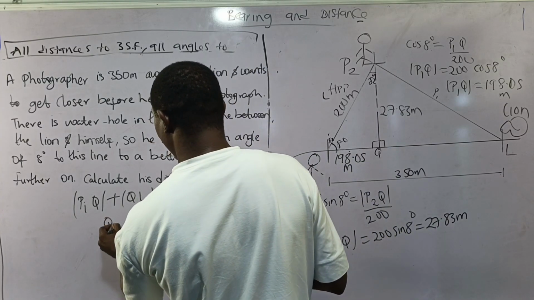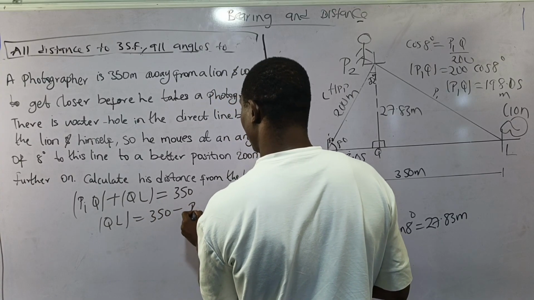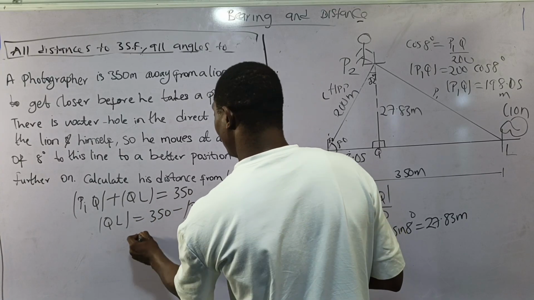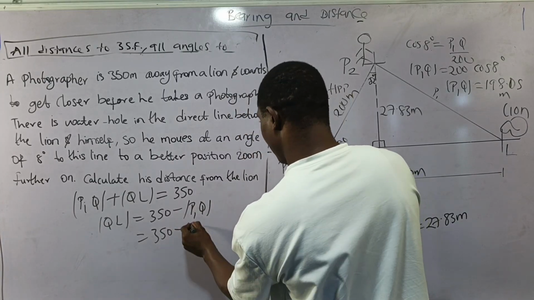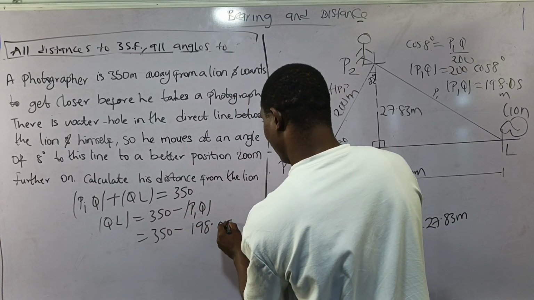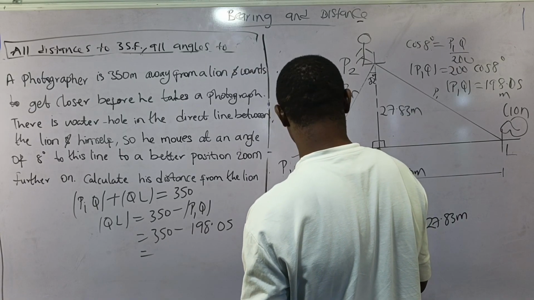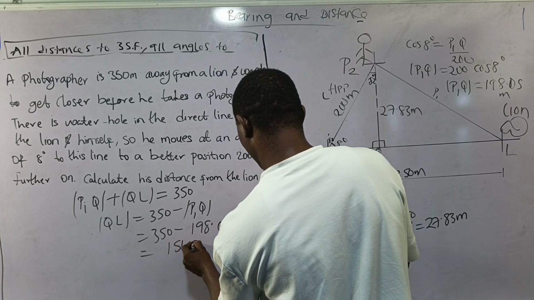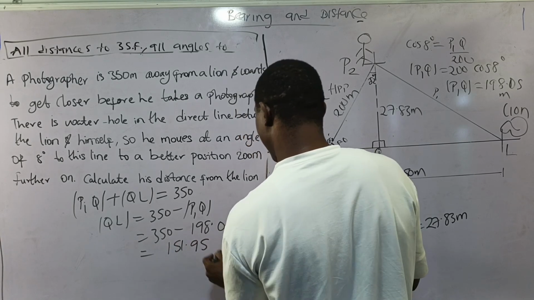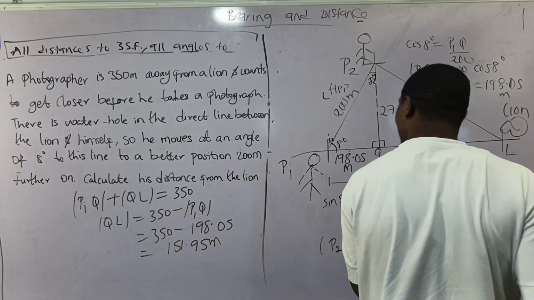So I'm looking for QL. So QL will be equal to 350 minus P subscript 1Q, which equals 350 minus 198.05. 350 minus my answer will give me 151.95 meters.